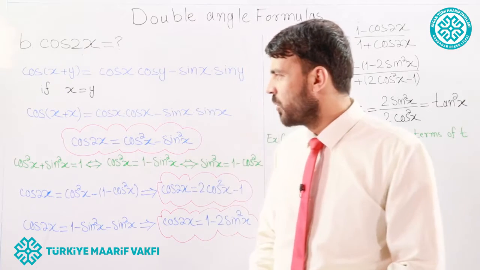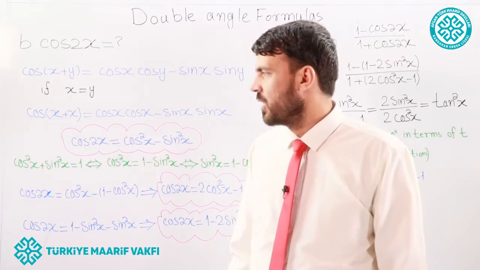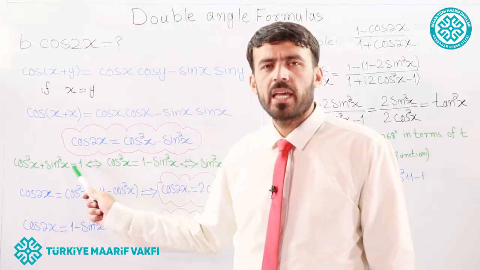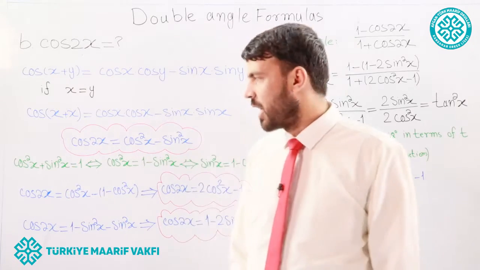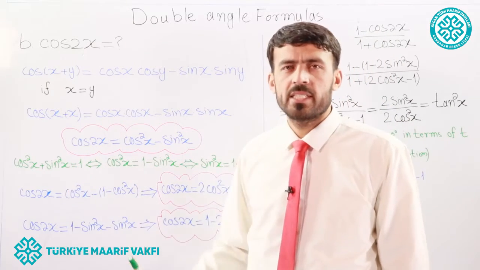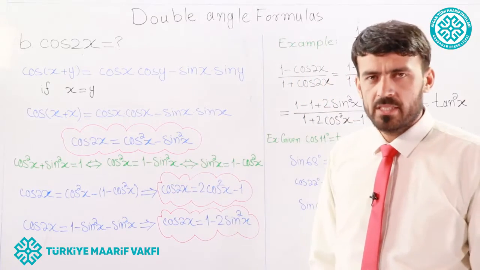First, we know a trigonometric identity, which is cosine square x plus sine square x equal to 1. We can derive cosine square x from this identity, which is 1 minus sine square x.